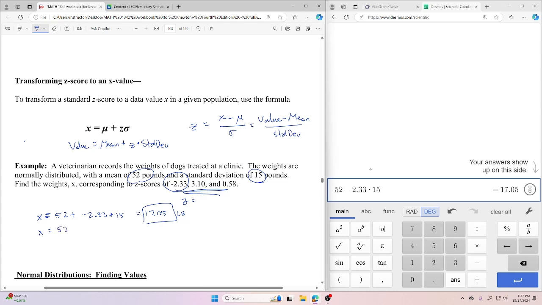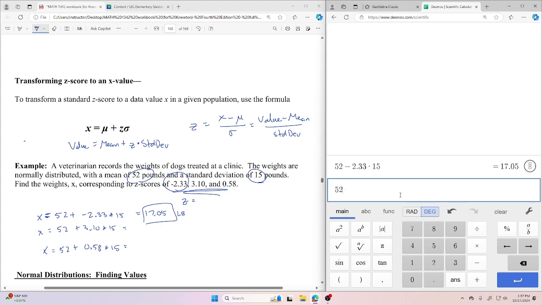And then we just repeat. So 52 plus the 3.10 times 15. Are y'all okay with me literally just plugging this into a formula? Yes, Chad. Okay, cool. That's 15.